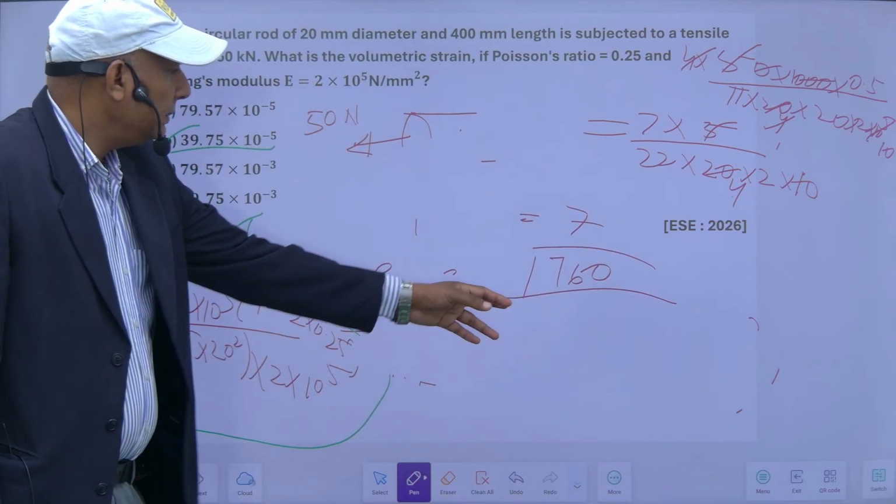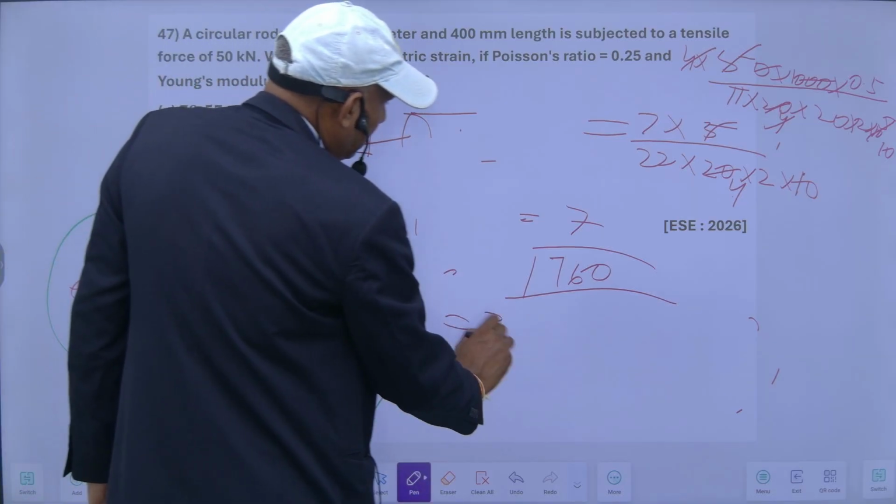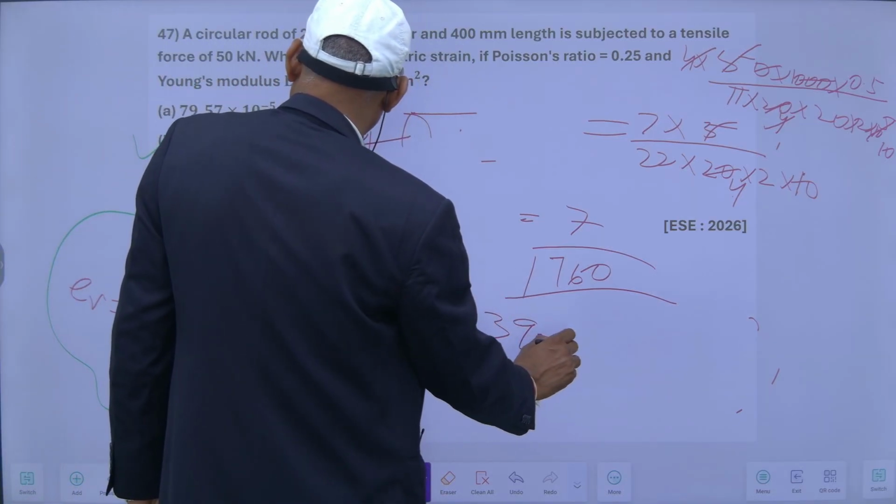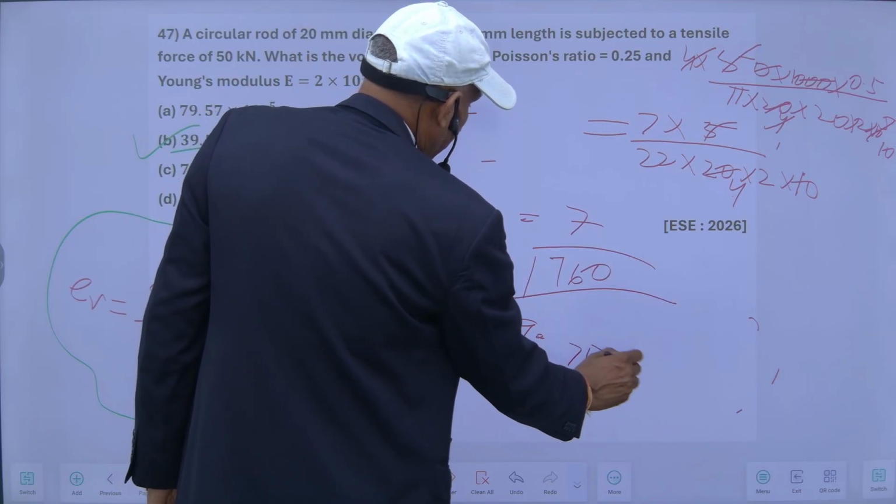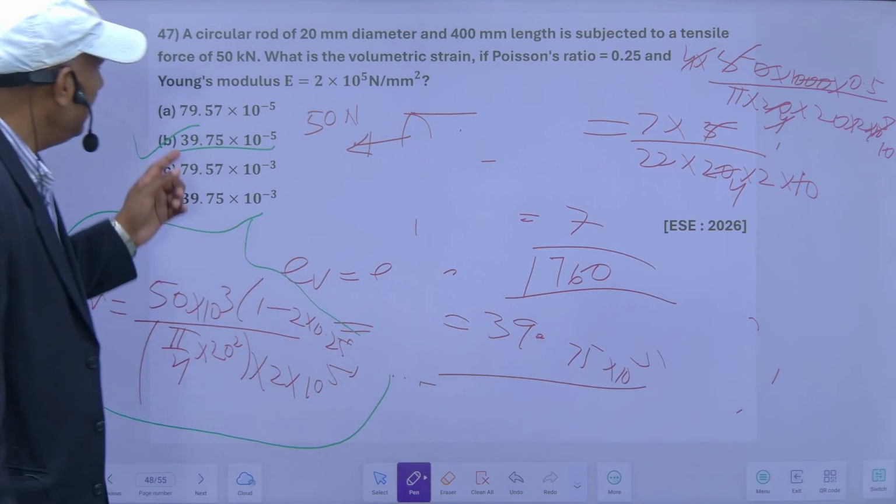So finally it will come out to be 39.75 into 10 raised to the power minus 5. This will be the answer.